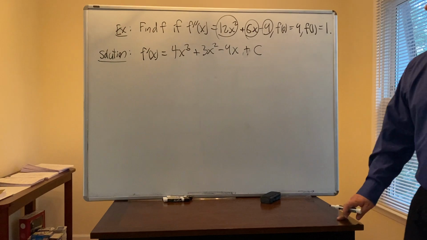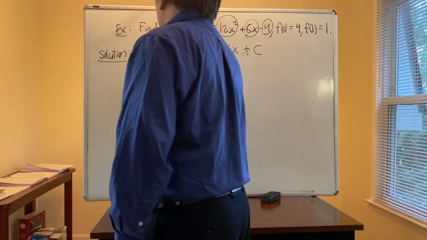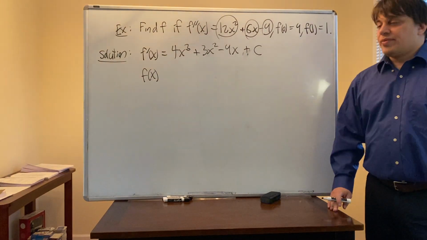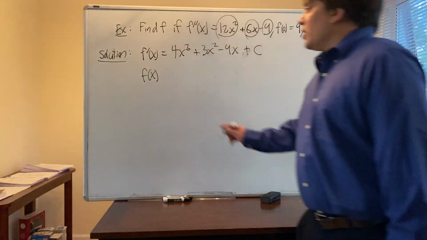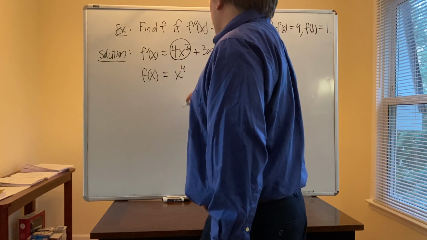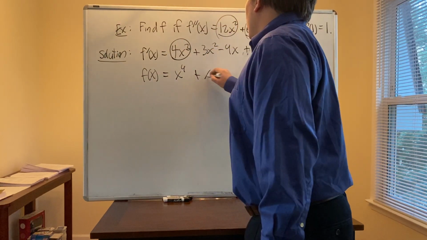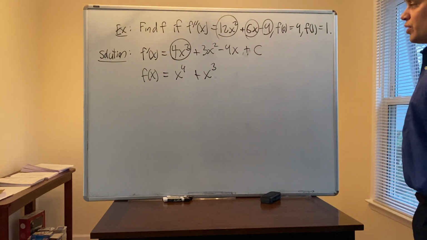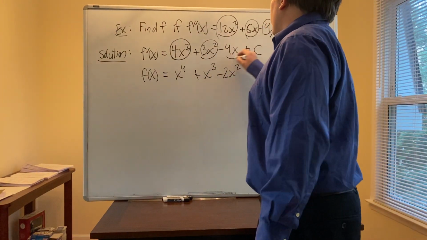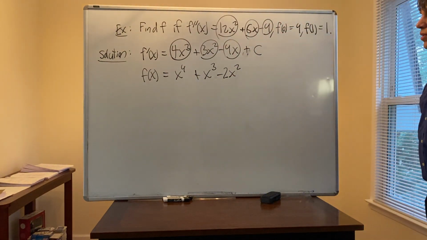Okay? Now let's find the most general f of x, the most general antiderivative of f prime of x. And that is f of x. Okay? So antiderivative of 4x cubed is x to the 4th. Plus an antiderivative of 3x squared is x cubed. And antiderivative of minus 4x is minus 2x squared.